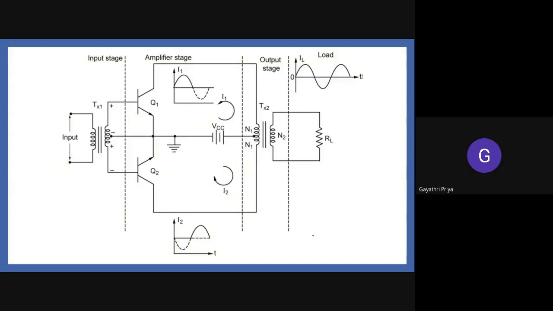Now, I am just asking whether we have used a center tapped transformer ever before. Yes or no? I require an answer from anyone present here. Type at least yes or no. Right from your third semester till yesterday's class, did we come across the center tapped transformer or not?